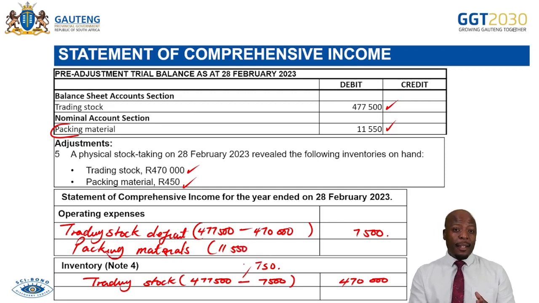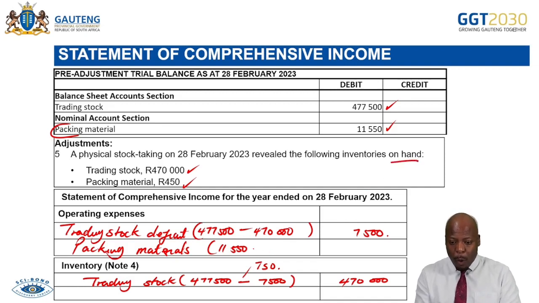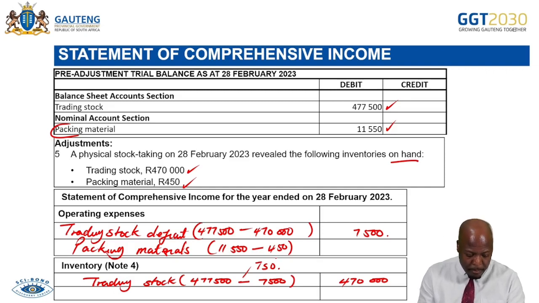You will find that at times the adjustment will say packing materials used, but in this case, it's packing materials on hand. So we subtract the ones on hand, which is 450.